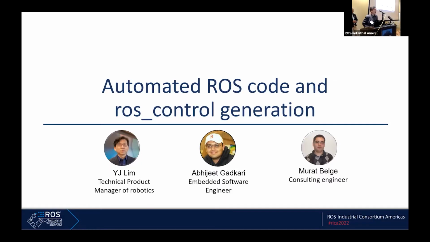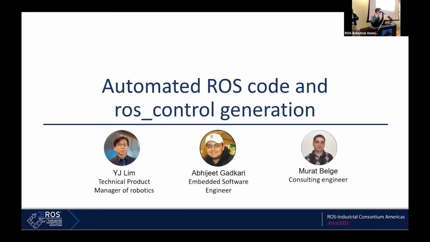Anyway, today's topic is automated ROS code generation from MATLAB and Simulink, but also our recent update for ROS controller generation from Simulink. There are a lot of control engineers using Simulink.